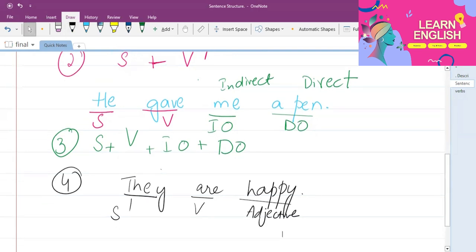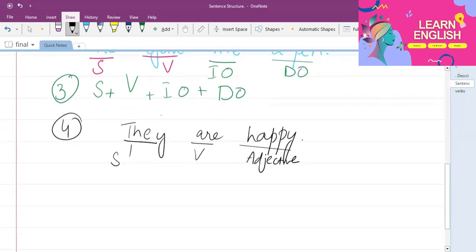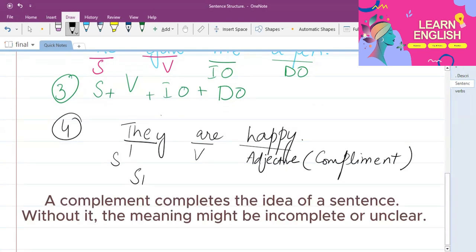So it's not an object, it's not a noun. So this will be considered as a complement. We will say that it's a complement, nothing else. Over here, the sentence structure has also changed and become subject plus verb plus C. So these are the four types of sentence structure which can be asked from you in the paper.